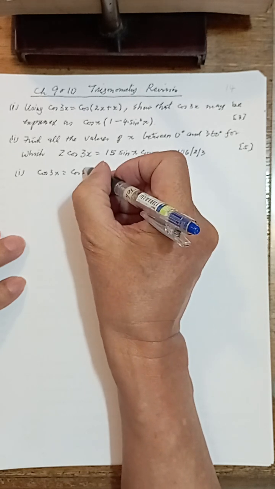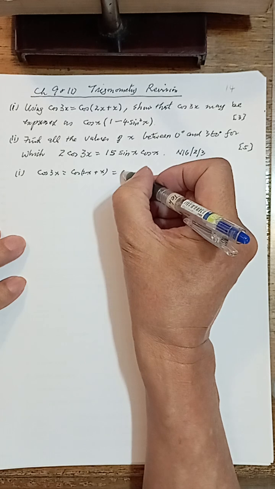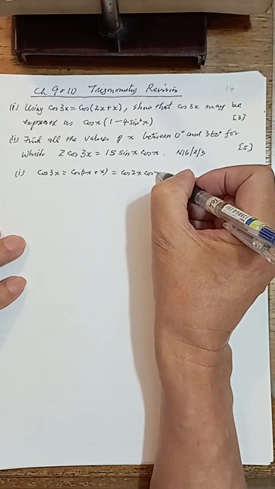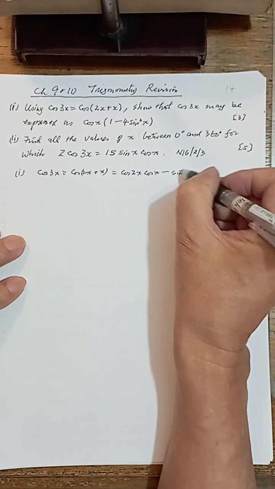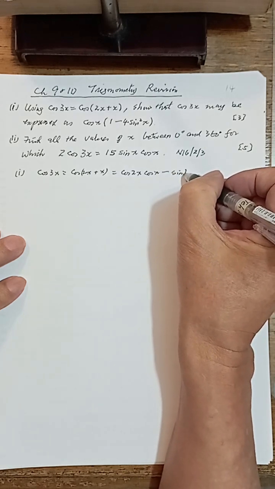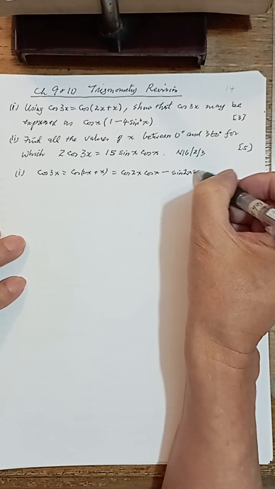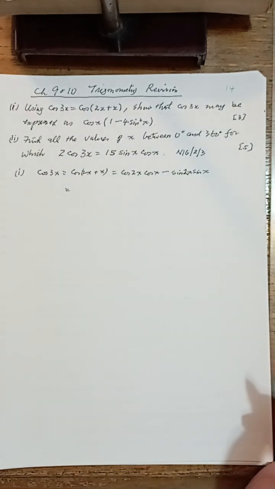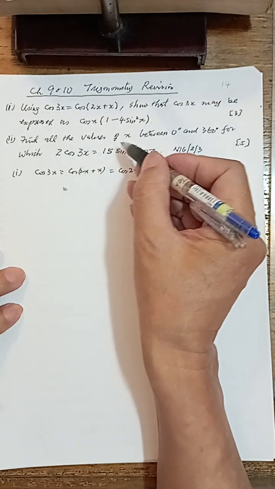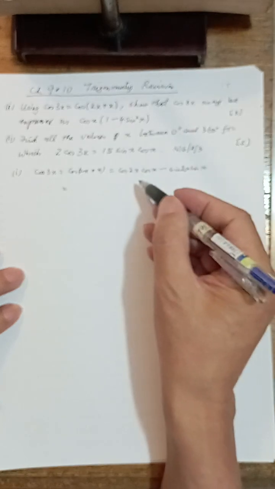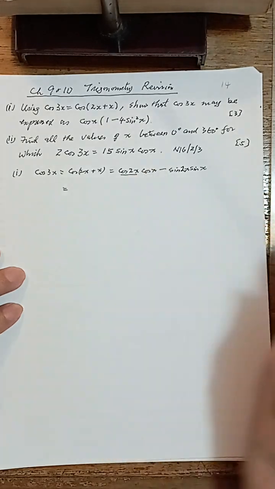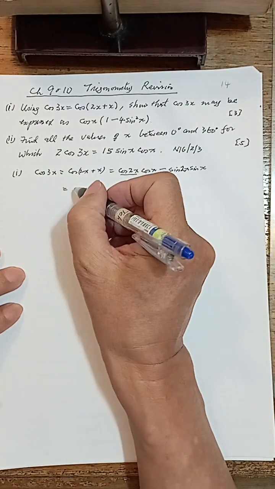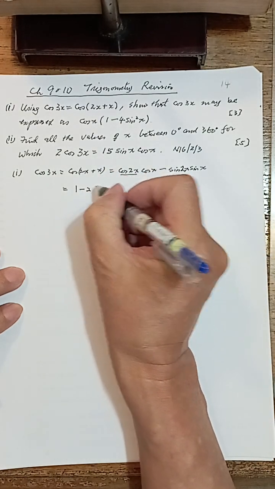You can put, using the formula cos A cos B minus sin A sin B. Sin A means sin 2x, sin B. Okay, so we have to change, yeah? As it involves sine square, we'll change this one to 1 minus 2 sine square. This one, 1 minus 2 sine square.